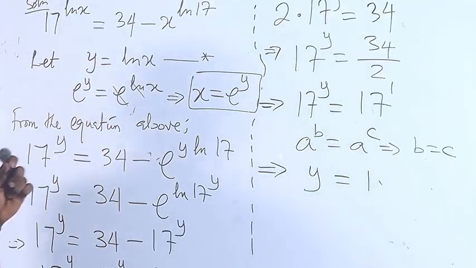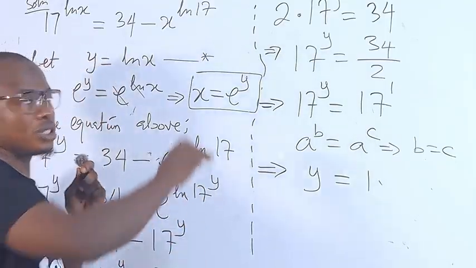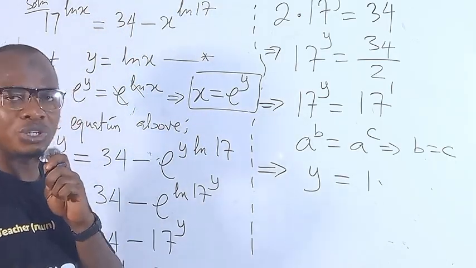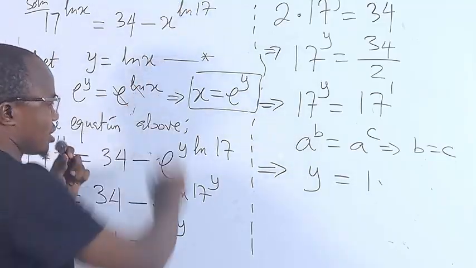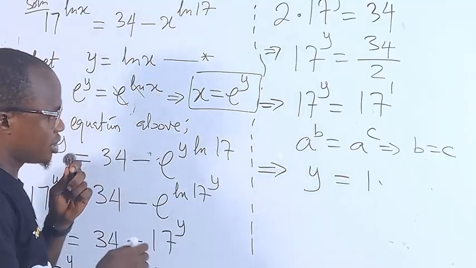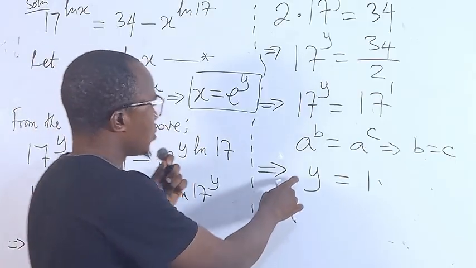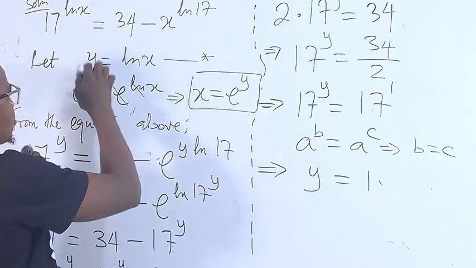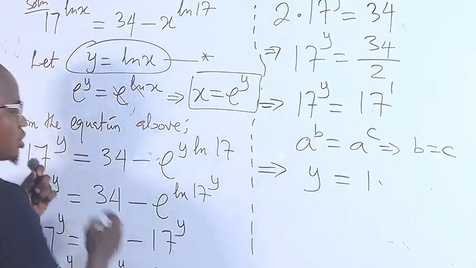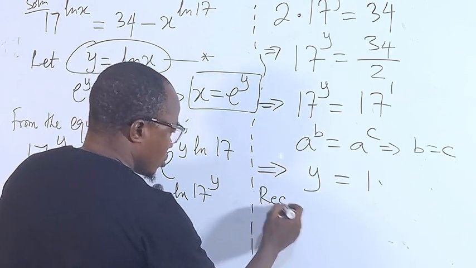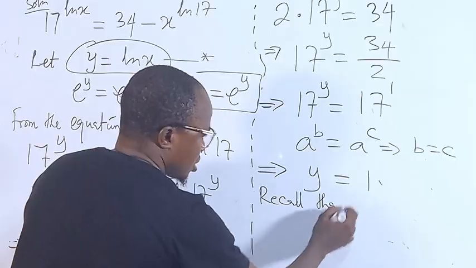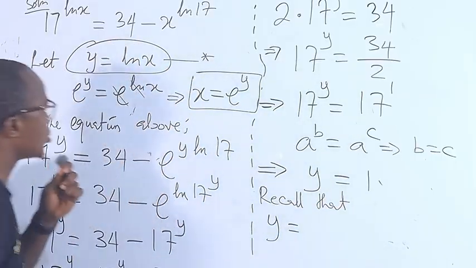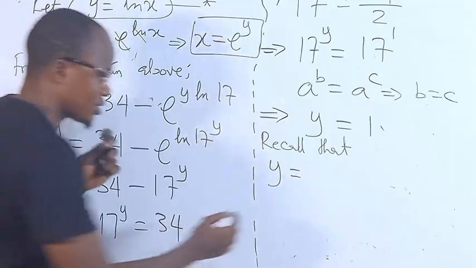But don't forget that the variable we have originally is x. So which means we are going to recall, we go back to this place here, that y equals ln of x.